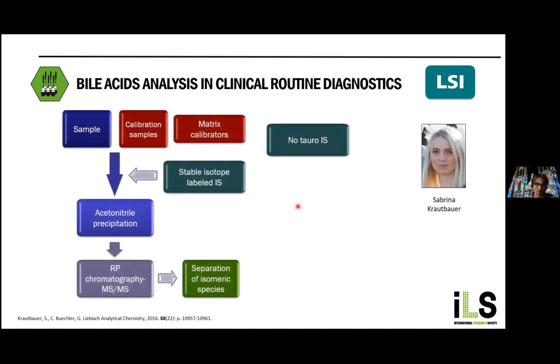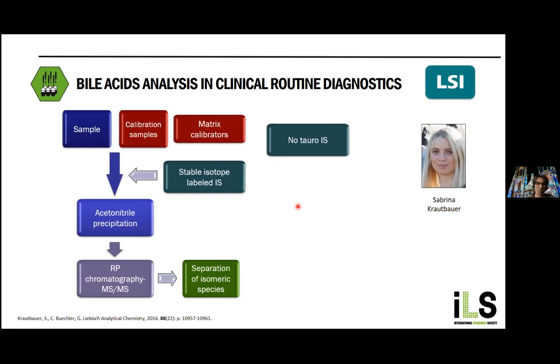Let me show you this example from our clinical routine diagnostics. We do quantification of bile acid species for diagnostic purposes for our pediatrics department.